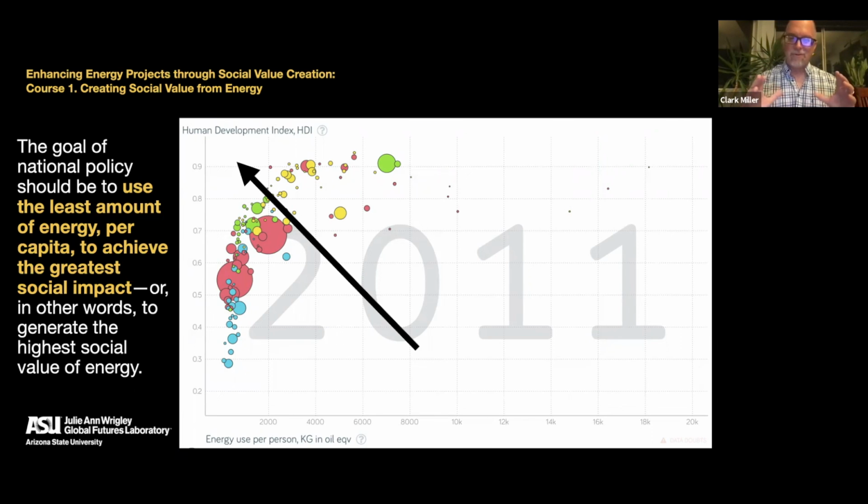We're used to saying that countries travel this curve from bottom to top and go out this right-hand edge. But in fact, what you really like to see are those countries that are able to push this curve towards that upper left-hand corner of the graph, where you're delivering as much value as you can, as much human development as you can, at the lowest levels of energy use per capita. That's high social value of energy.